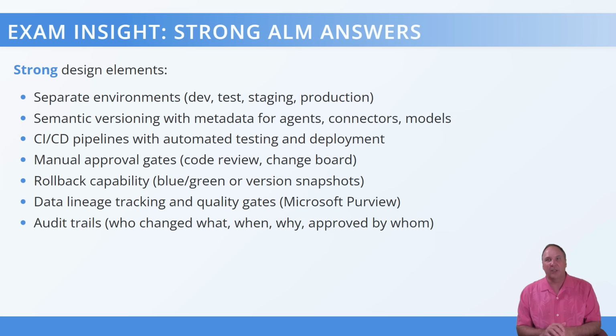Well, strong answers include separate environments, semantic versioning with metadata, CI/CD pipelines with automated testing, manual approval gates like code review and change board, rollback capability using blue-green or version snapshots, version tracking for agents, connectors, and models, data lineage with Purview, and audit trails showing who changed what, when, and why.